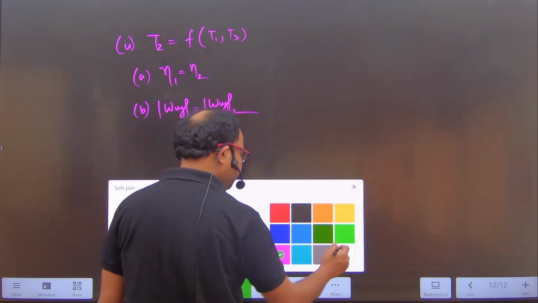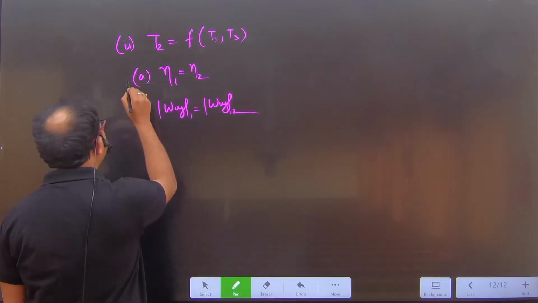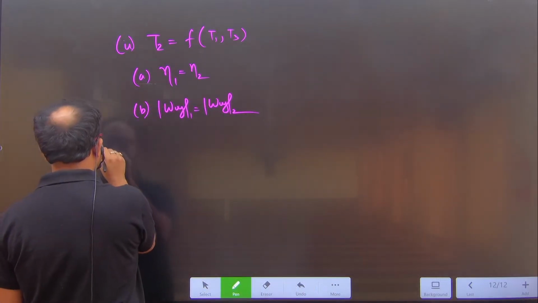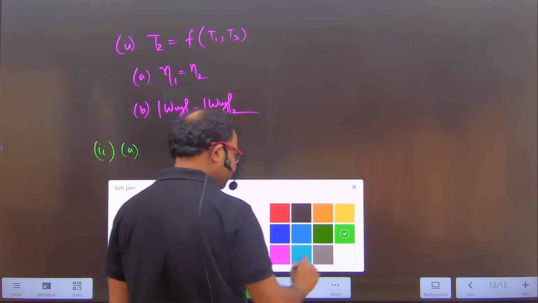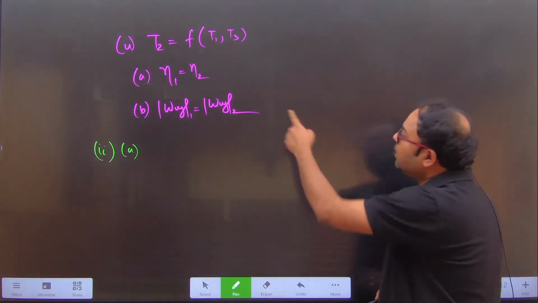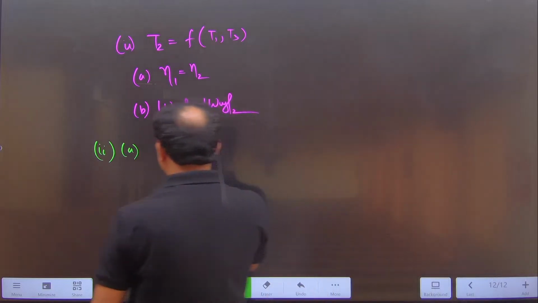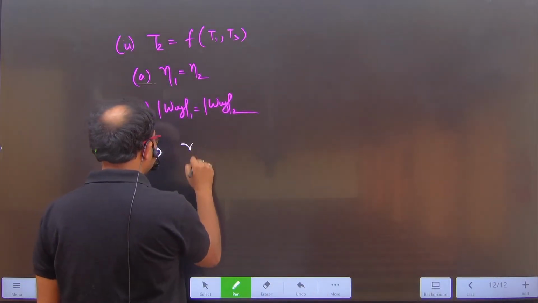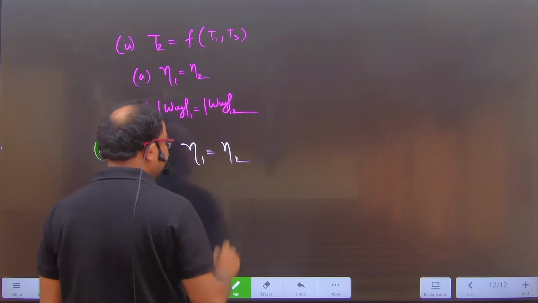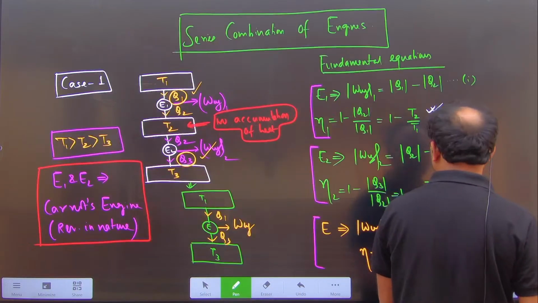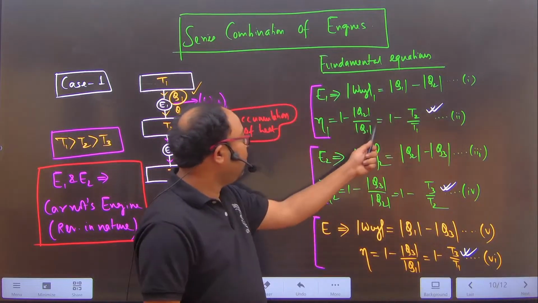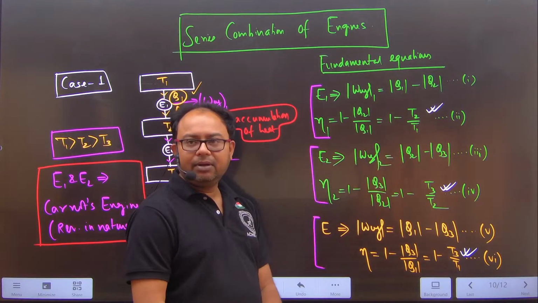So we'll do problem number 2A at first. Eta 1 is equal to eta 2. Now what is the expression of eta 1? 1 minus T2 by T1.